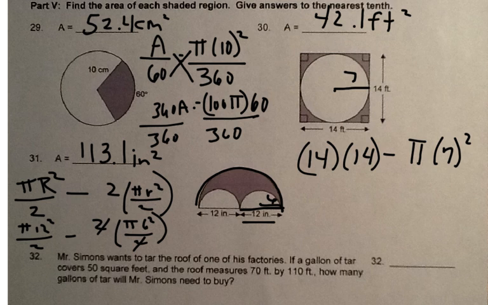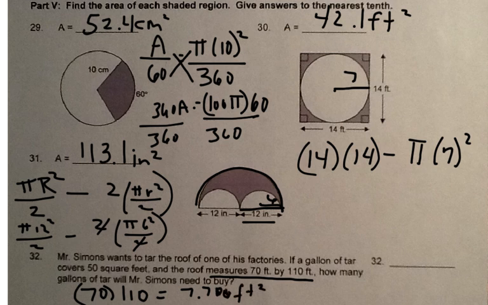Alright, last one. Mr. Simmons wants to tar the roof of one of his factories. If a gallon of tar covers 50 square feet and the roof measures 70 feet by 110 feet, how many gallons of tar will Mr. Simmons need to buy? Well, 70 times 110 gives us a square footage of 7,700 square feet.